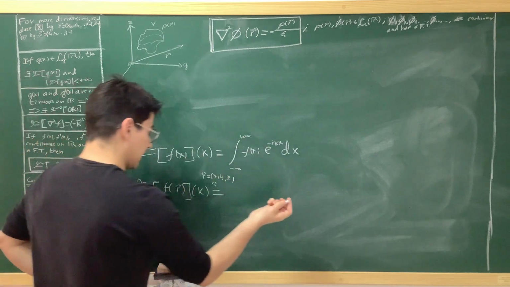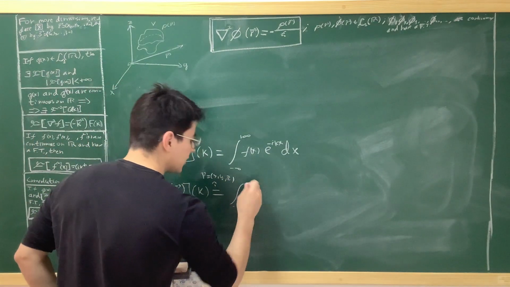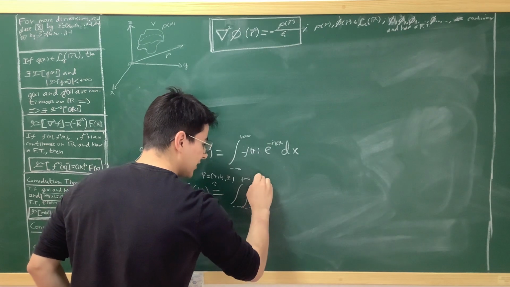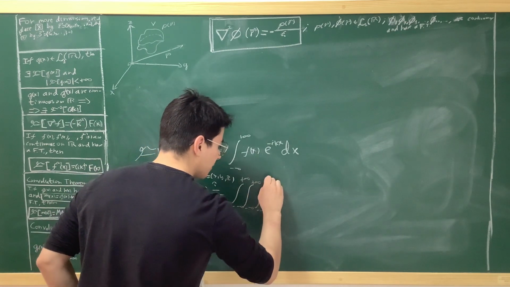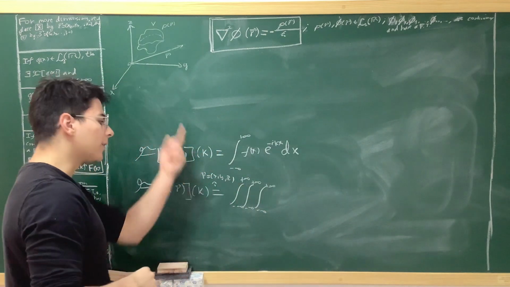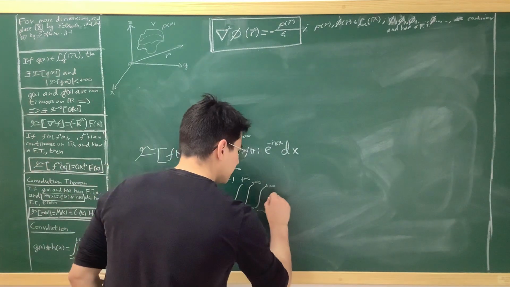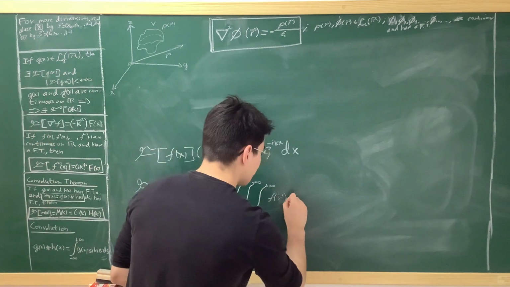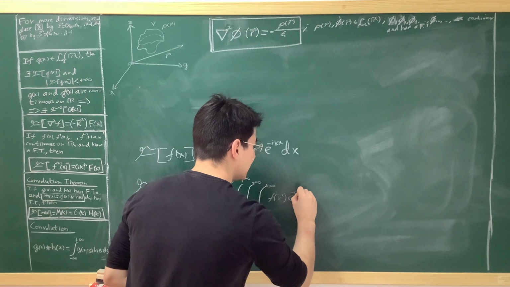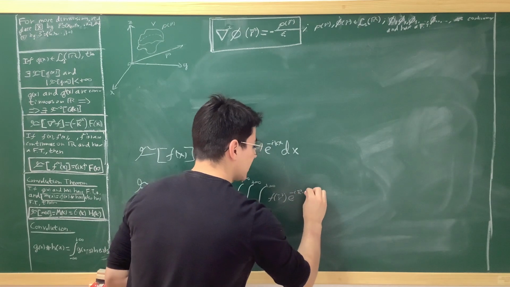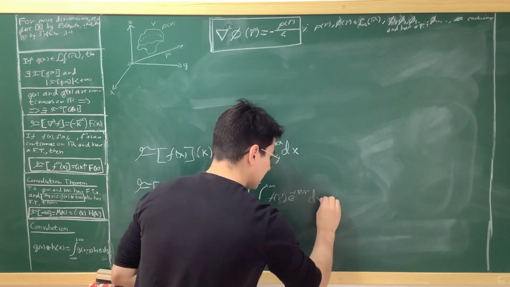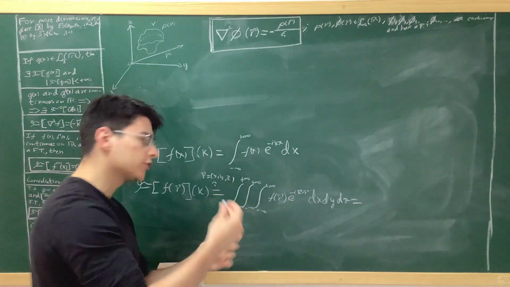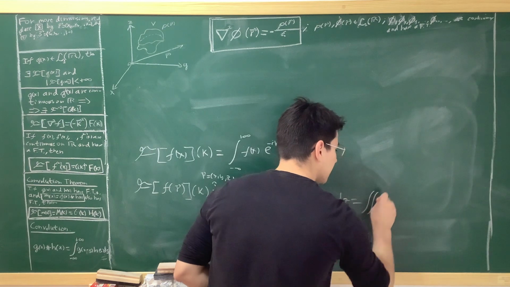So the Fourier transform is going to be the integral from minus infinity to positive infinity, and again, and again, over all the real space, of my scalar multivariable function times e to the minus i k dot product r, dx dy dz.